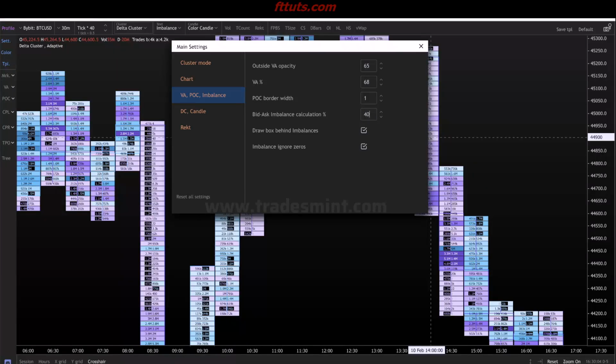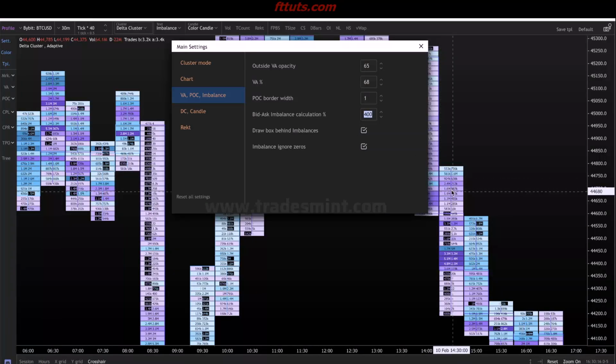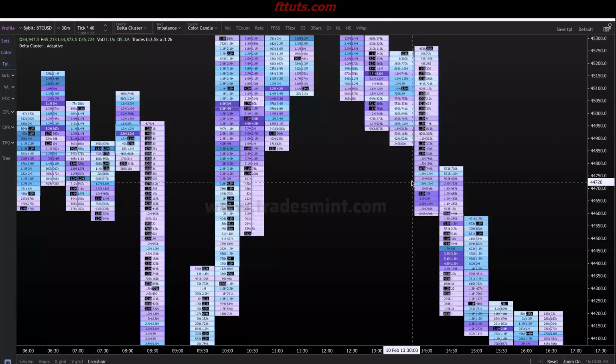A lot of people do 400 to calculate what percentage greater one has to be than the other before an imbalance actually shows up. 400 is a pretty common number. Some people use 600 as well. 400 is pretty standard, and basically that's just showing you it has to be 400% more before the imbalance actually shows up on the chart.